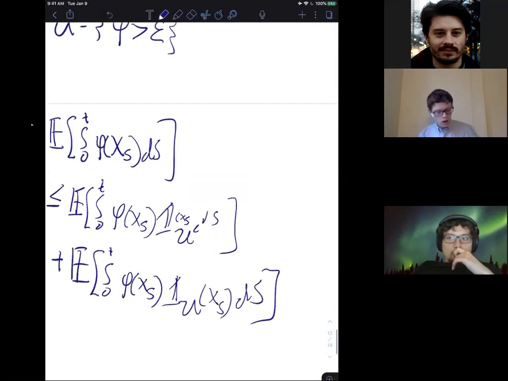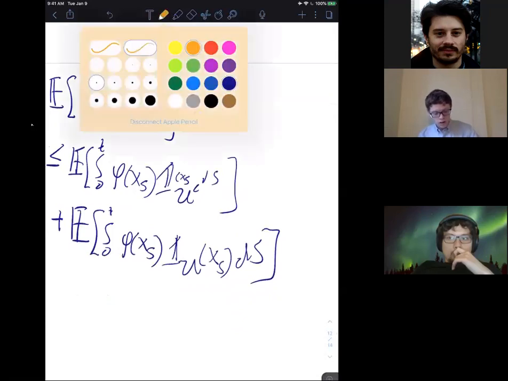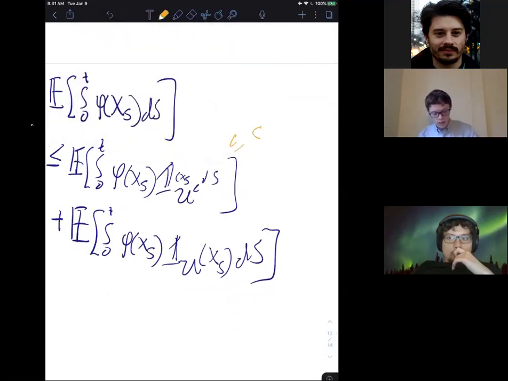This first term is just bounded by epsilon t, because on the complement of U, phi is less than or equal to epsilon. So the thing that we really need to bound is the second term.